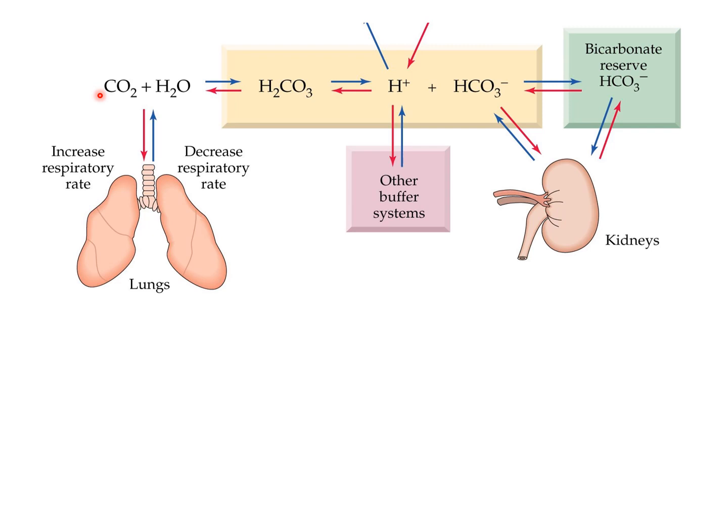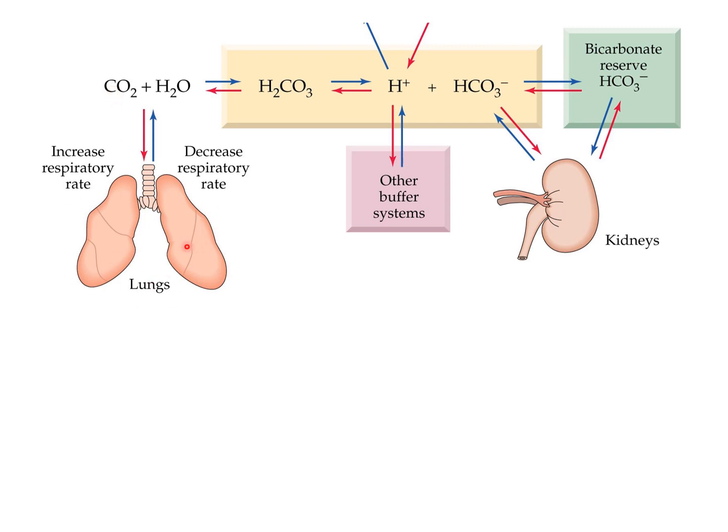So we are still here now on our equation. We have carbon dioxide, water, carbonic acid, hydrogen ions, and the bicarbonate. When we examine our equation, we can see that the left side of our equation is basically regulated by the lungs because it involves the gas, carbon dioxide.